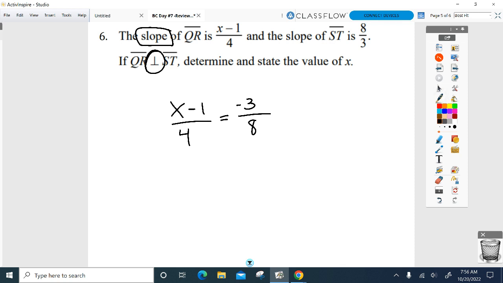Cross multiply. Ready? 4 times negative 3 gives me negative 12 equals, what are you going to do with that 8 when I cross multiply it with x minus 1? Distribute it. Thank you. 8x minus 8.